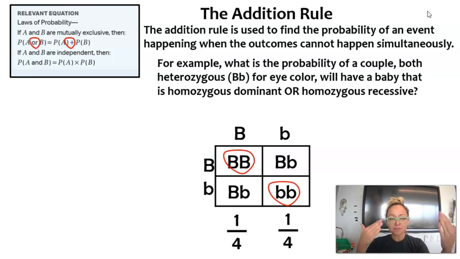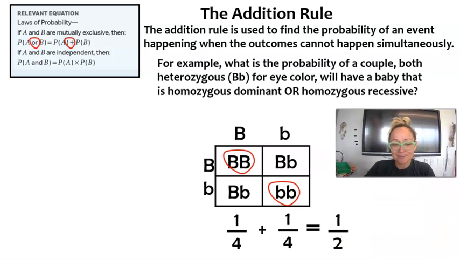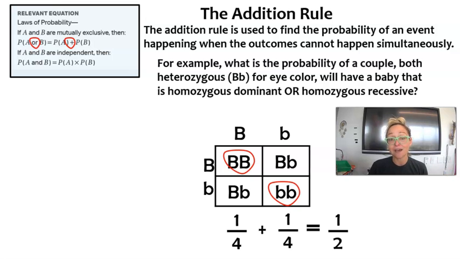We're asking what's the probability of either of those events occurring. This is where we add them together, because there's a 1/4 chance and a 1/4 chance. We add them because in this example, both are acceptable for the question. They're either/or. So we add them and there's a 1/2 chance, a 50% chance that the offspring in question will be either homozygous dominant or homozygous recessive.